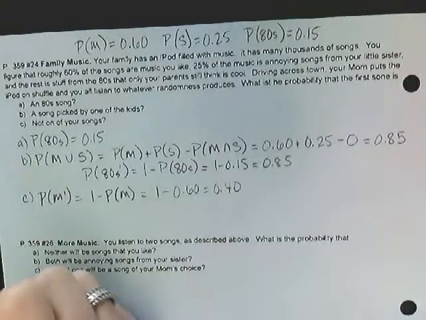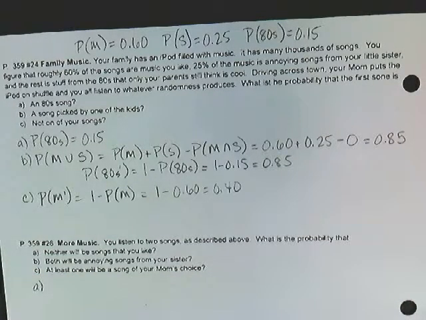So if I look at this one, neither will be songs that you like. So you've got 2 songs, and neither of those 2 songs will be songs I like. Not the neither that you were talking about, because that was looking at 1 song at a time. So what does that mean? It's going to be not mine and not mine.